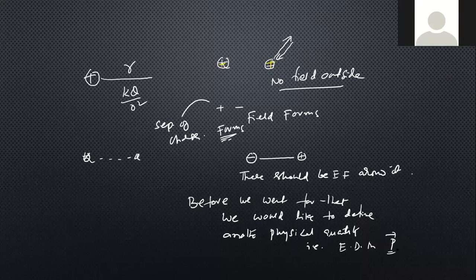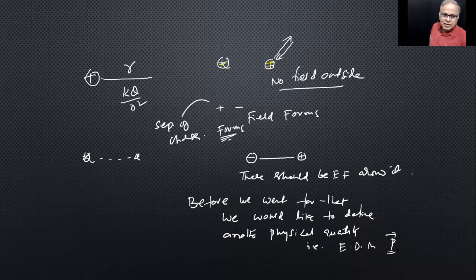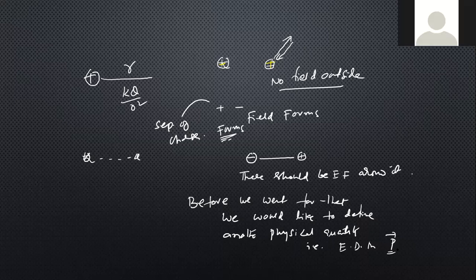We said a plus q minus q existing as a single unit is a dipole. Dipoles are practically there. Molecular dipoles are very important. H2O water molecule is a dipole. For a dipole, there will be a field around it. Why? Because had this plus and minus been one over the other, the field would have been zero. But once in a dipole they got separated, there should be a field around it.